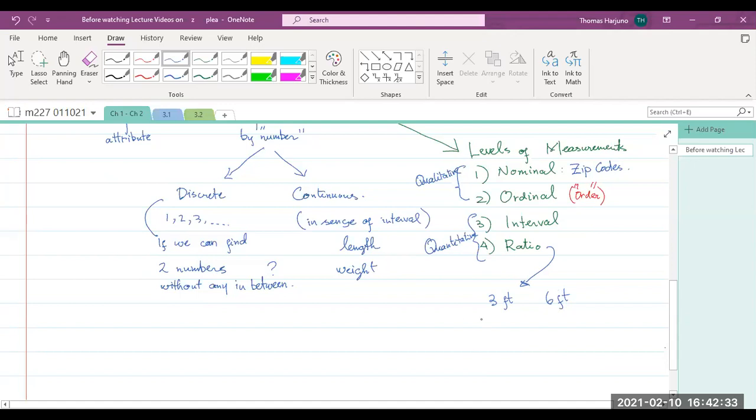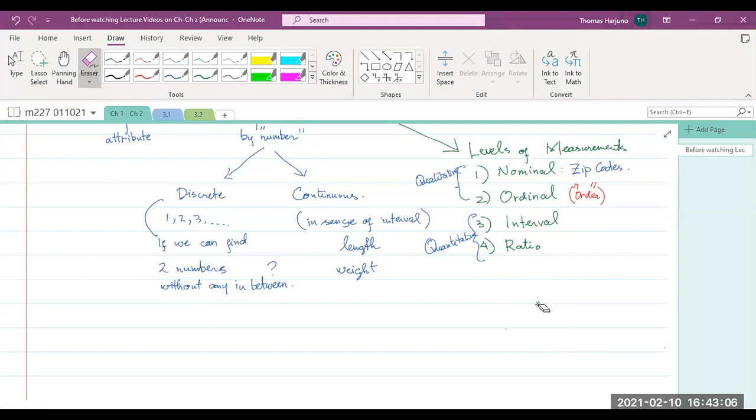Or for example, a car that is $20,000 and another car that is $60,000, then you can say that not only is the difference $40,000, it is 3 times more expensive. Yes, we can say it that way. So when you watch the lecture video, pay attention to this detail later on: the difference between interval and ratio.